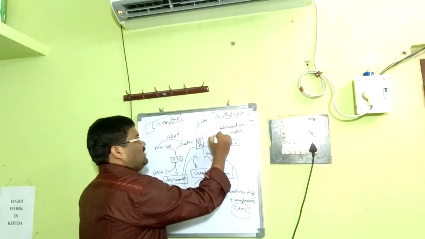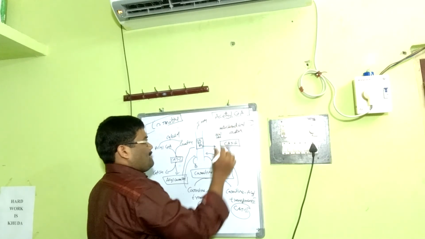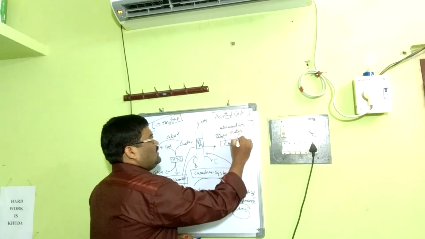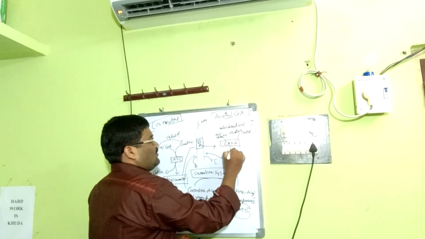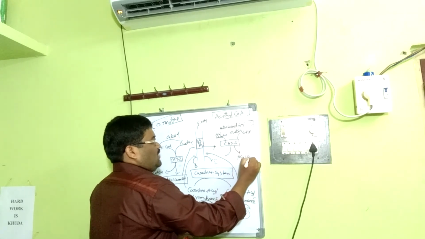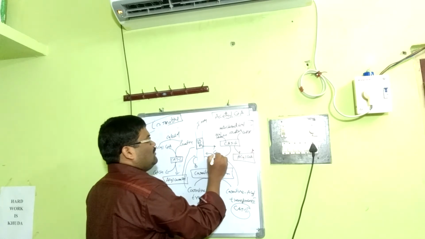This is acyl carnitine, then coenzyme A combines, ultimately releasing acyl coenzyme A. Then the carnitine will be released.